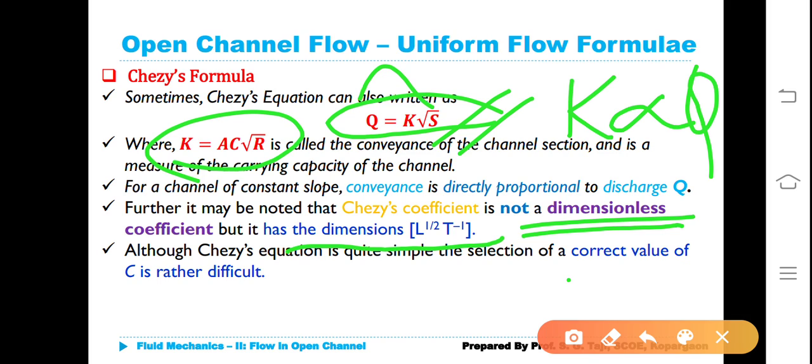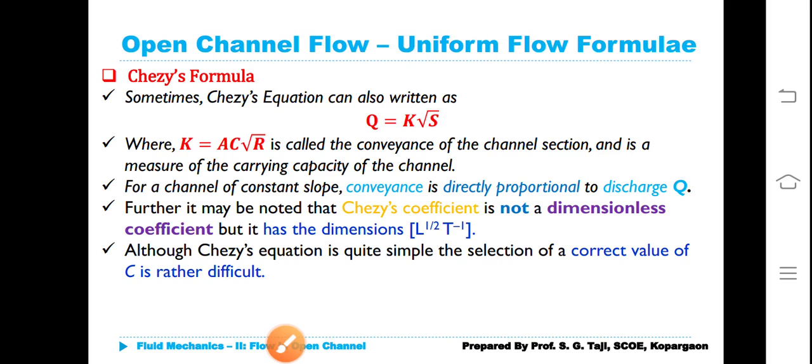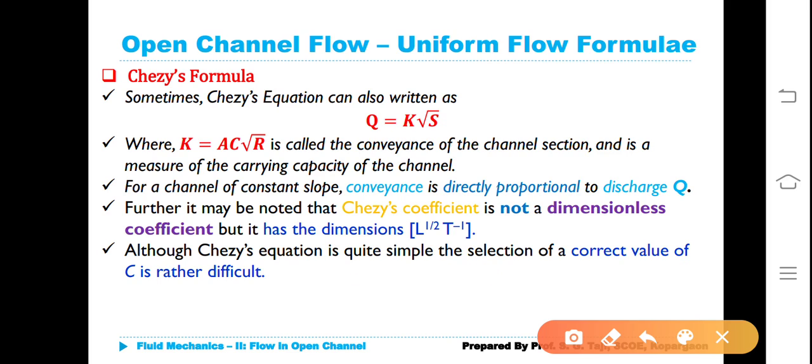Although Chezy's equation is quite simple, the selection of the correct value of C is rather difficult.